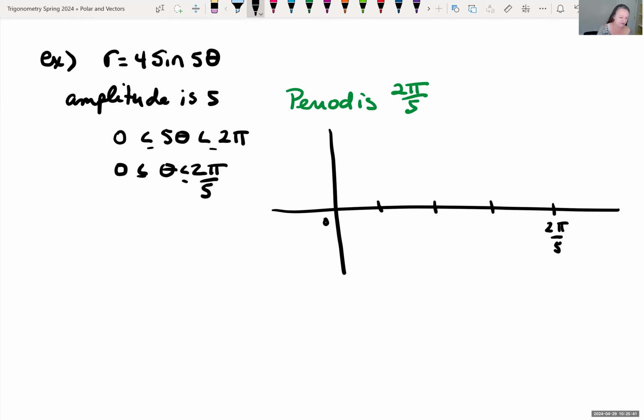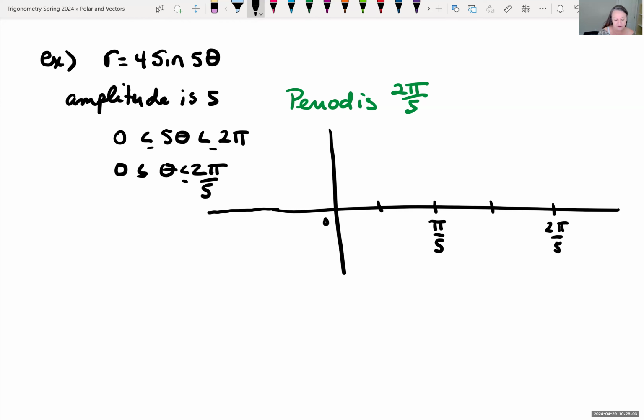I might have some reflections across things. So maybe I need right here. Let's look at half of that size from 0 to 2 pi fifths. That gives us pi fifths.